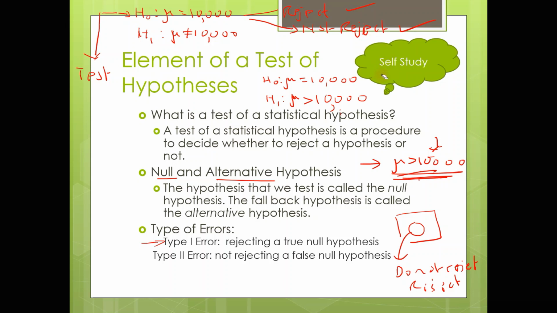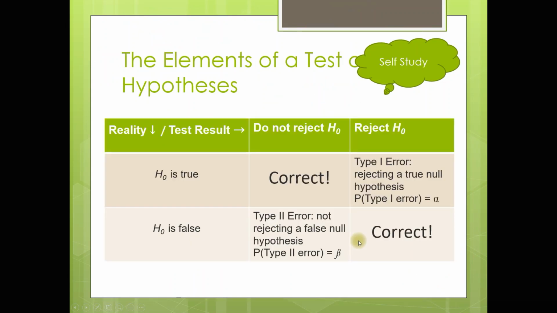If the null was false and you did not reject it, that's another type of error. You need to realize that these are two different types of errors, and the second is referred to as a type 2 error. So these are some of the elements of a test of hypothesis. Now, you can go through this on your own. I'm going to come back to that afterward in the next slide.